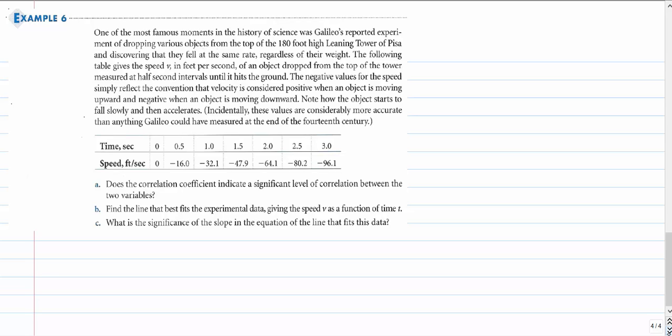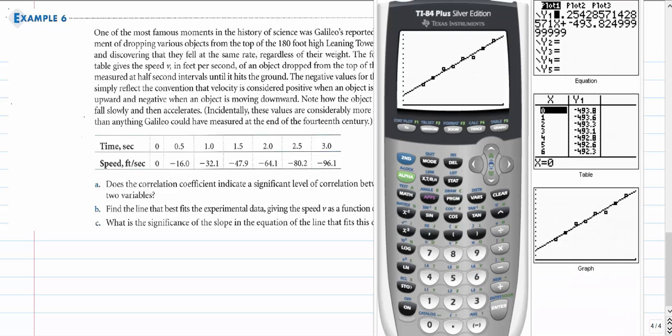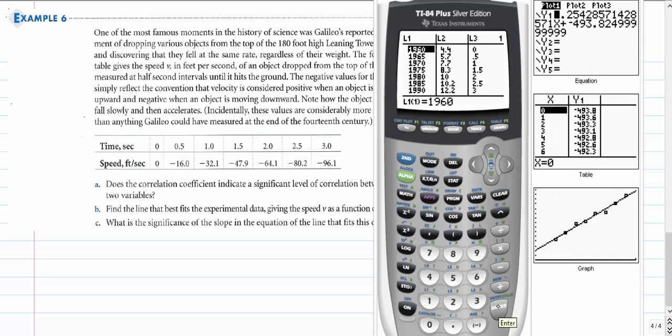Does the correlation coefficient indicate a significant level of correlation between the two variables? That means I need to find R, I need to find Rn. Let's go back to our calculator. Okay, I'm going to look at my stats, edit. So these values are in list L3 and L4. I put those values in.